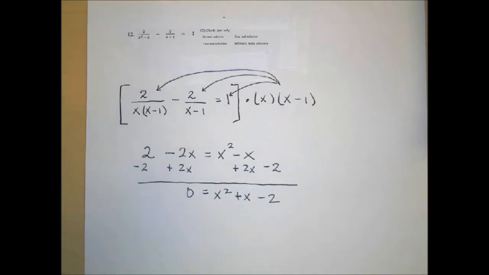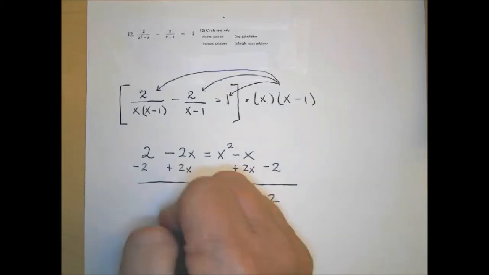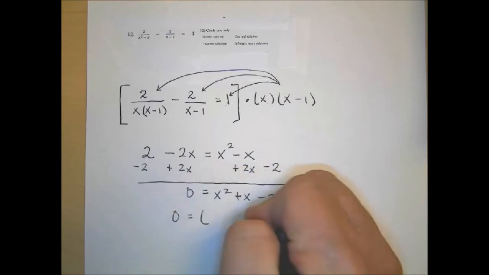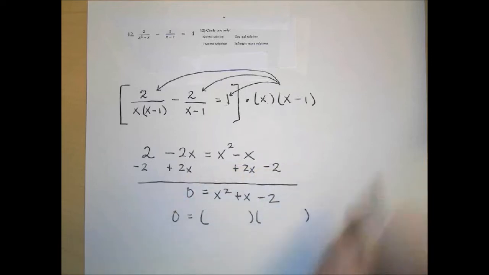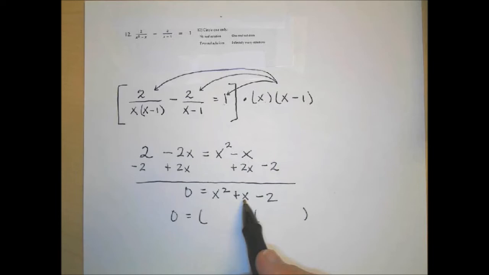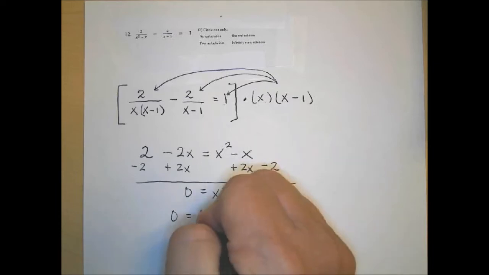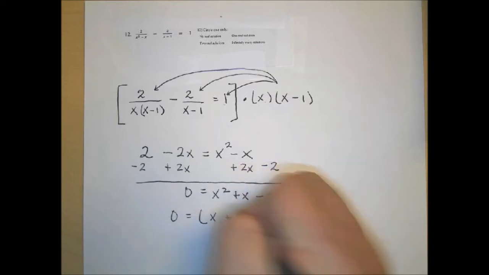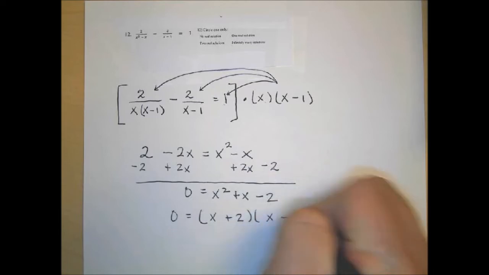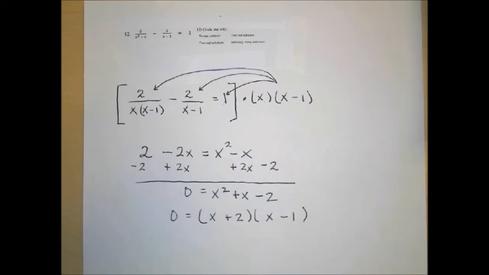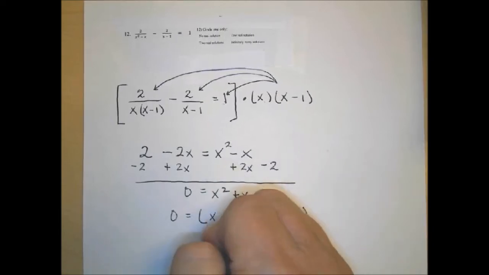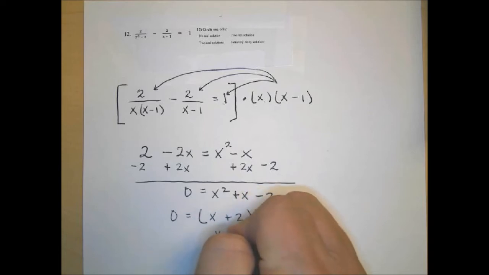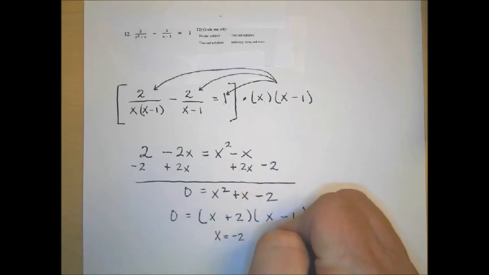Now, I need to factor this. I'll keep the 0 right there. The factors of negative 2 that add up to positive 1 would be x plus 2 and x minus 1, which means my solutions would be x equals negative 2 and x equals positive 1.